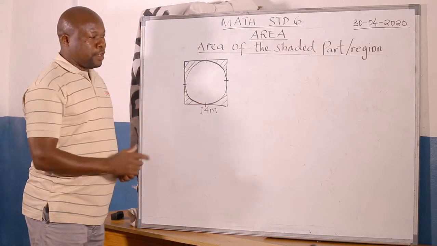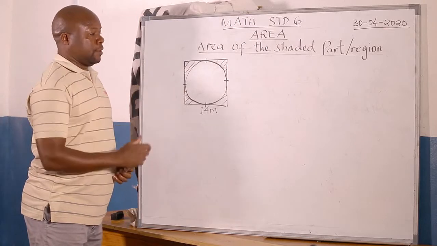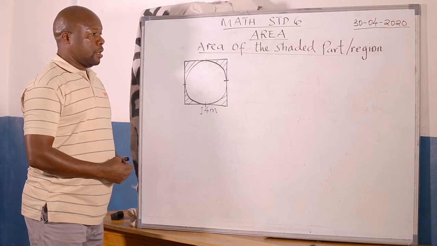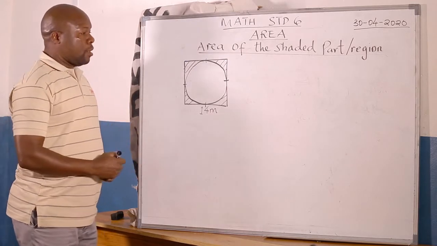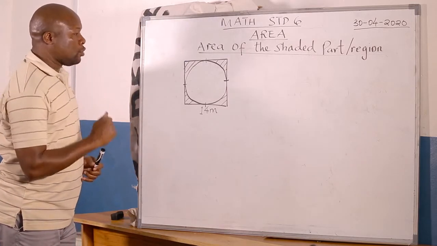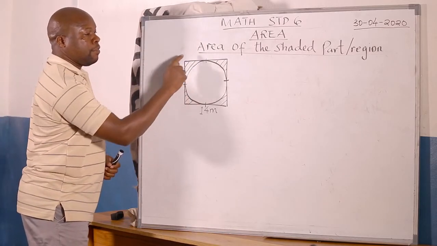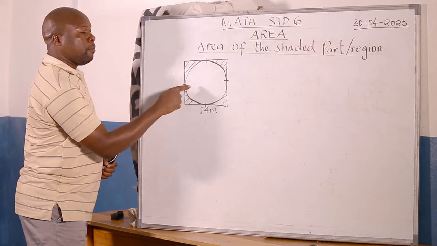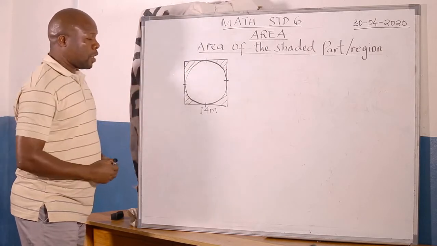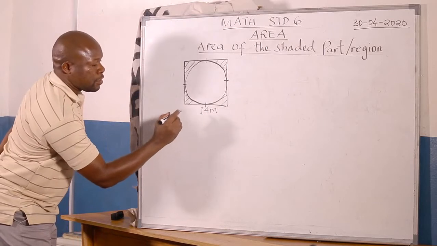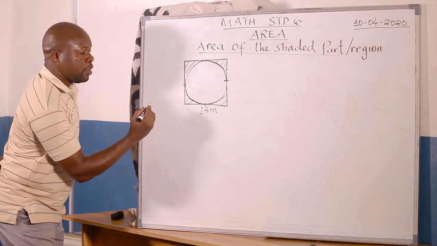Now, given the following, what is supposed to be done first? Now, you will realize that there are two figures, so we are going to take the figure inside the other one from the rest of the figure. That is to say, we have been given a circle to be removed from a square.